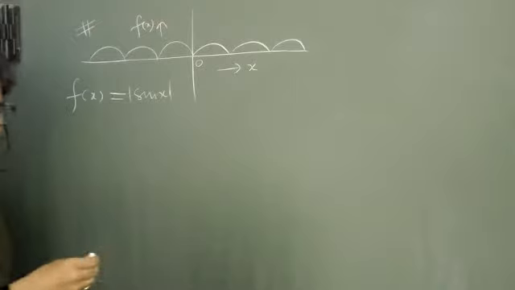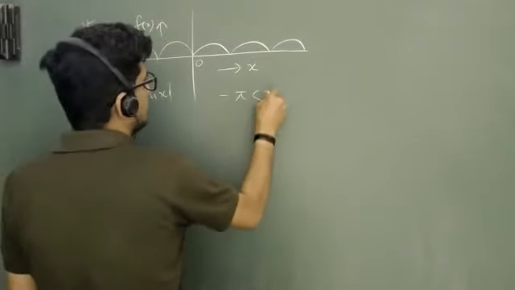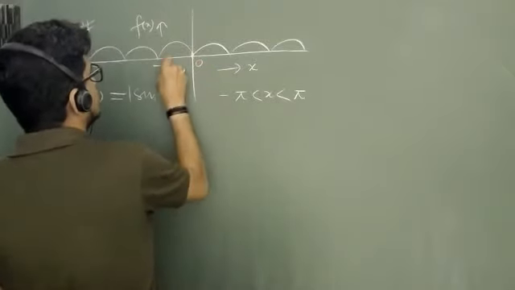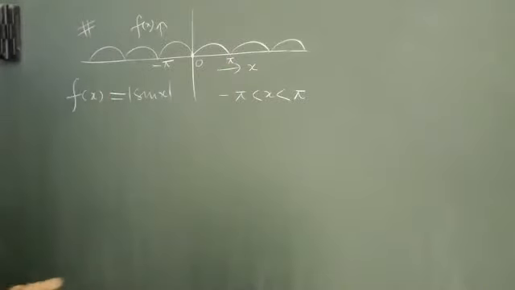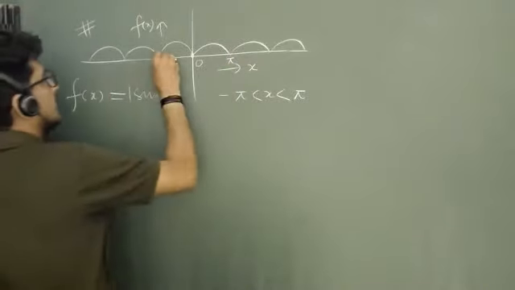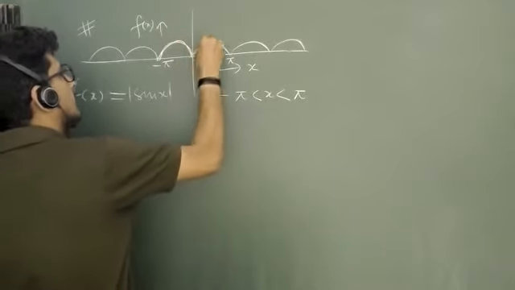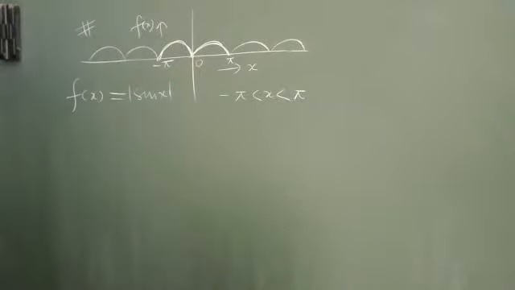Okay, and this limit is between minus pi to pi. So this is 0, this is minus pi, and this is plus pi. You can see that this whole thing is repeated in the space. This is the mod of sine x graph, and this whole thing is repeated.